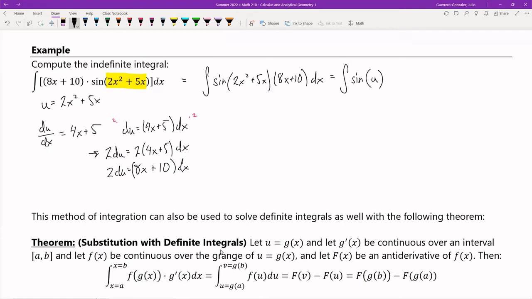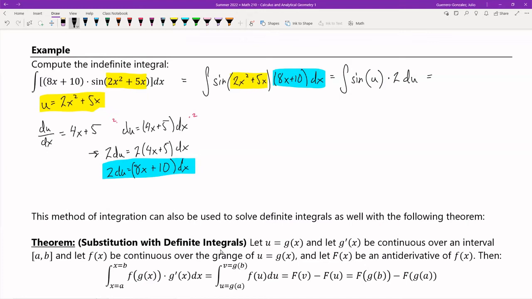Now I get to perform this substitution right here. This is going to be times 2 du. So my u changed that thing, and then all of this became our 2 du on the other side.